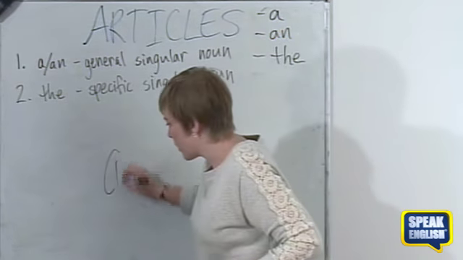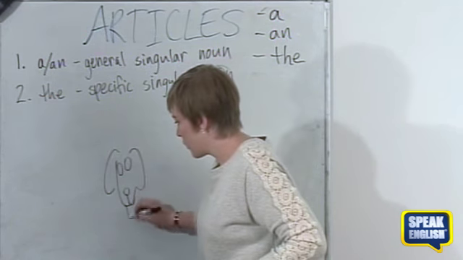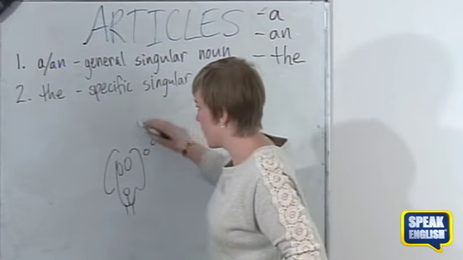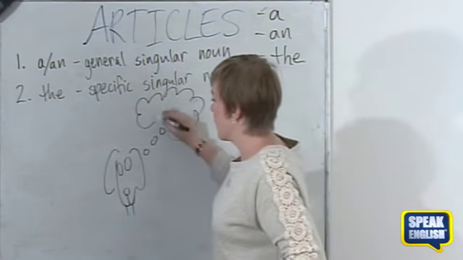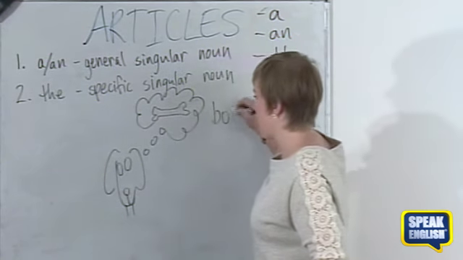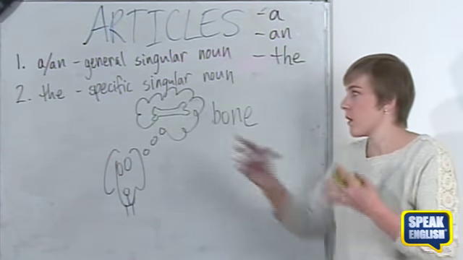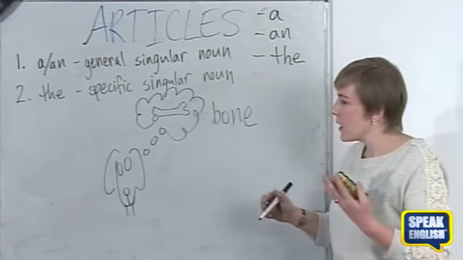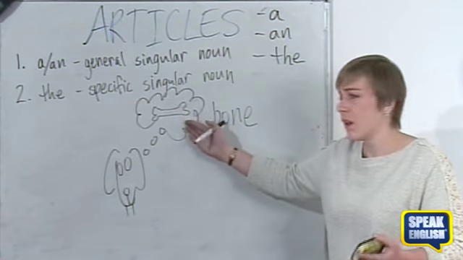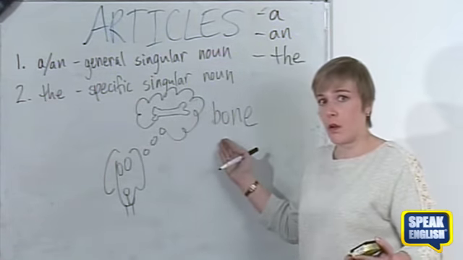Maybe we have a puppy dog, and he's thinking about a bone. Okay, so the puppy wants this, but is it a specific bone, or is it a general bone?